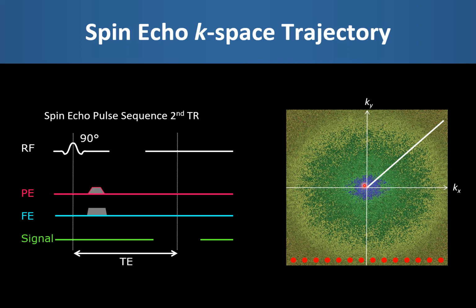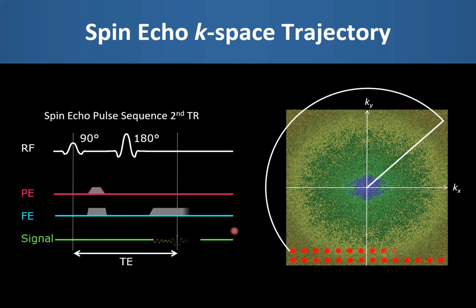This time we go to a point in K-space slightly below the previous excitation. The 180-degree pulse then flips us to a position just above the previously acquired line of data, and again when we read out the echo with the same frequency encoding gradient, we get our second line of K-space.